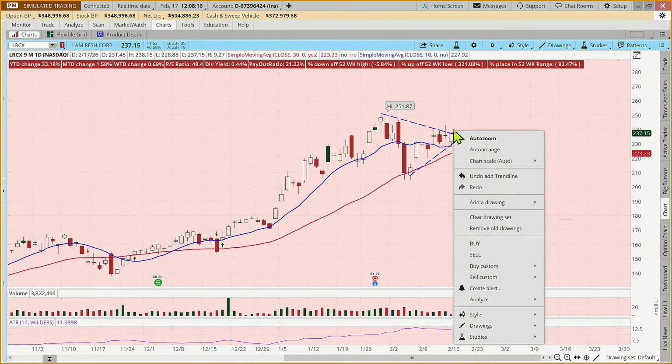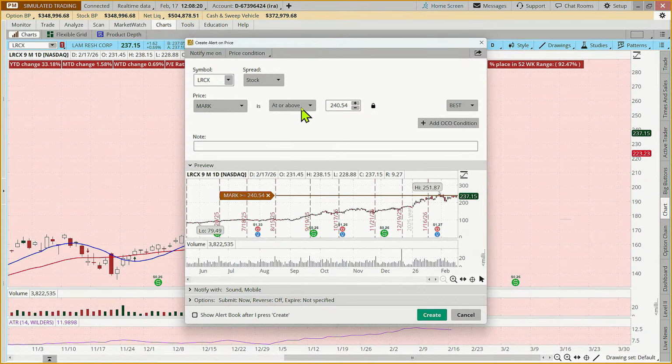So I'm going to create an alert, say, hey, if this goes above that 240, 50-ish mark, let me know. And you can put a note and just say bullish trade, maybe a swing trade.